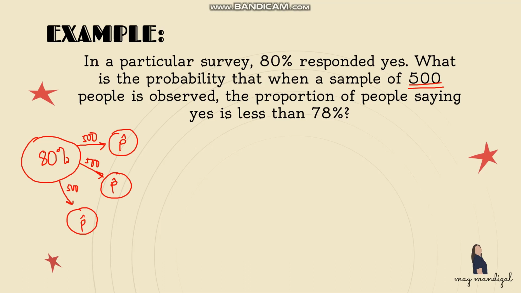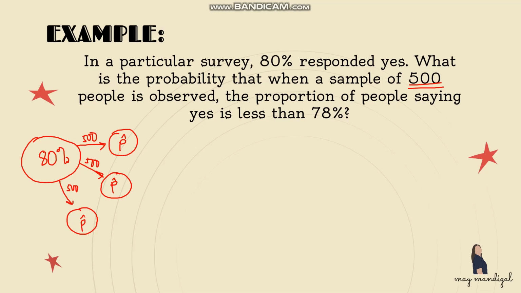Now, if we identify all of these sample proportions, what now is the probability that the proportion of people saying yes is less than 78%? That is what we want to identify. So from the sample of 500 people observed, we have to identify the probability that the proportion of people saying yes is less than 78%.